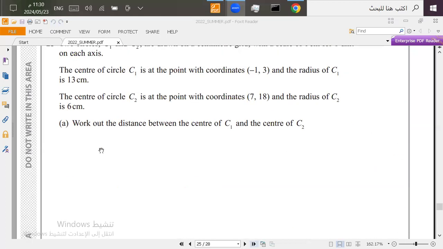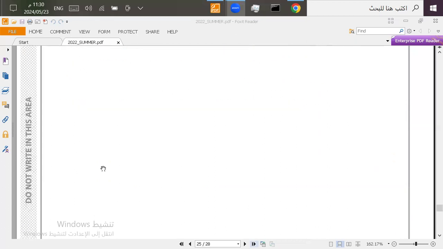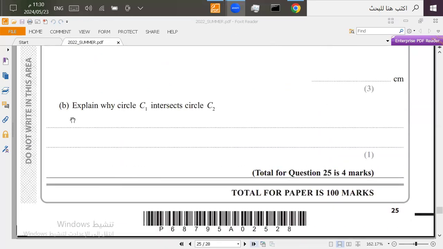As we said, the distance between the centers is 17, and the radii together are 19. So, for example, if you have two circles like this, here and here, and the distance between the centers is less than the sum of their radii. This is the center, and this is the center. Now the distance is 17, as we said, and the two radii together are more than 17.